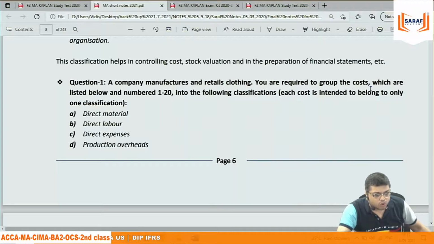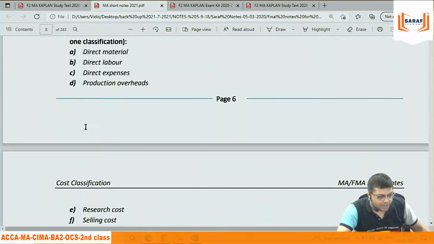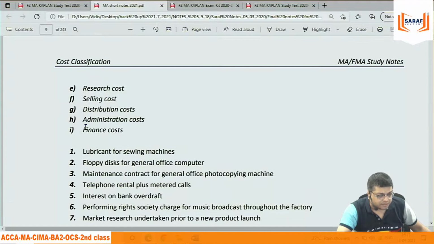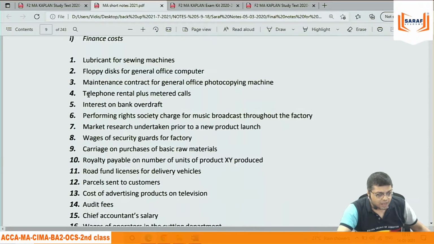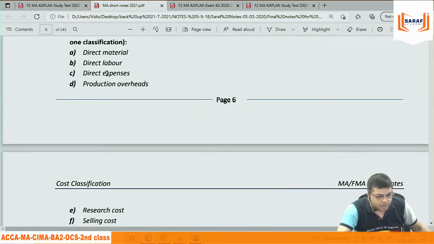You are required to group the costs listed below, numbered 1 to 20, into the following classification. Each cost is intended to belong to only one classification. They have given you A, B, C, D, E, F, G, H, I, and 1 to 20 types of cost.